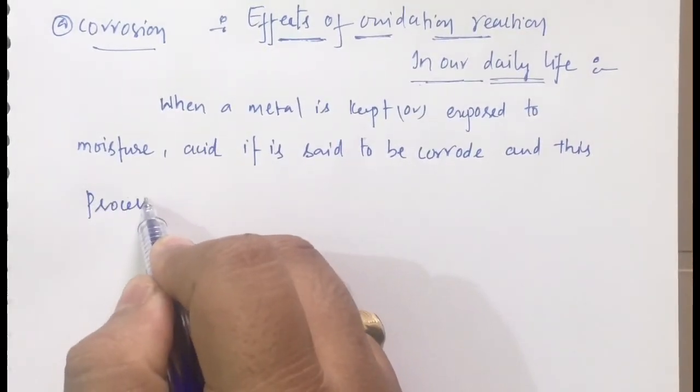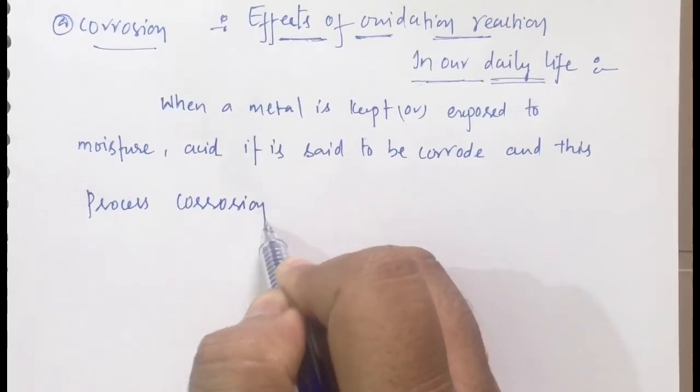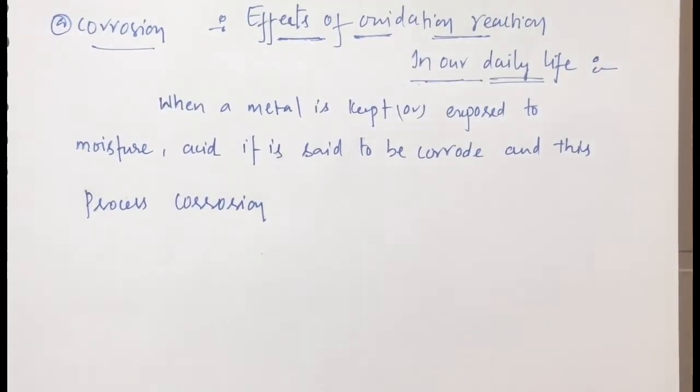Is it clear, children? In common we can say it is the formation of a layer over the metal surface. Such a process we call corrosion.